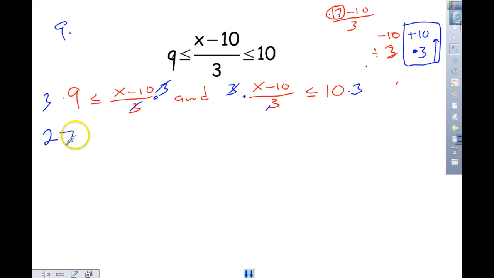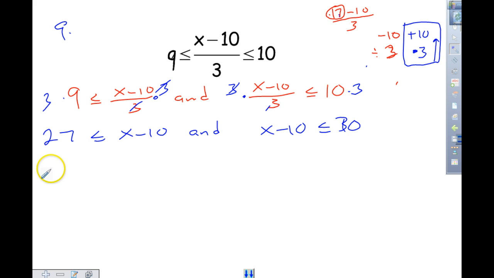So we have 27 less than or equal to x minus 10, and x minus 10 has to be less than or equal to 10 times 3, which is 30.